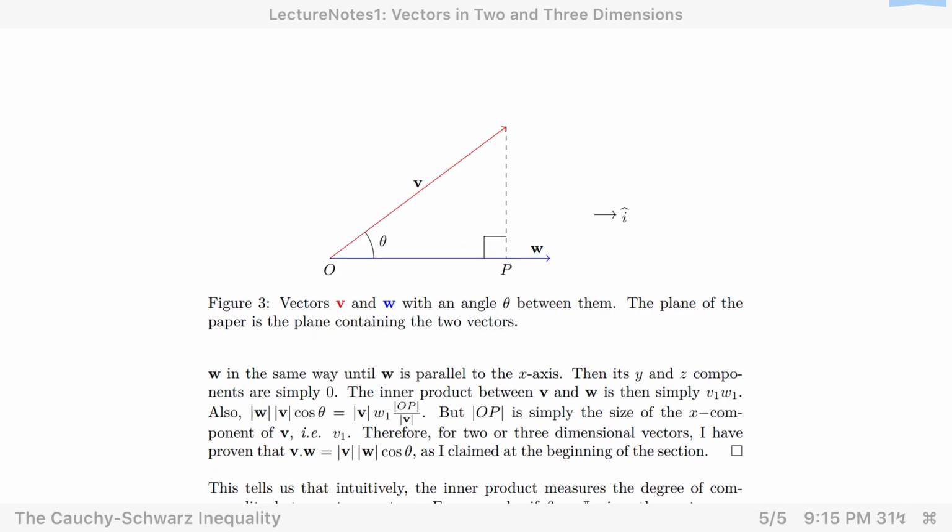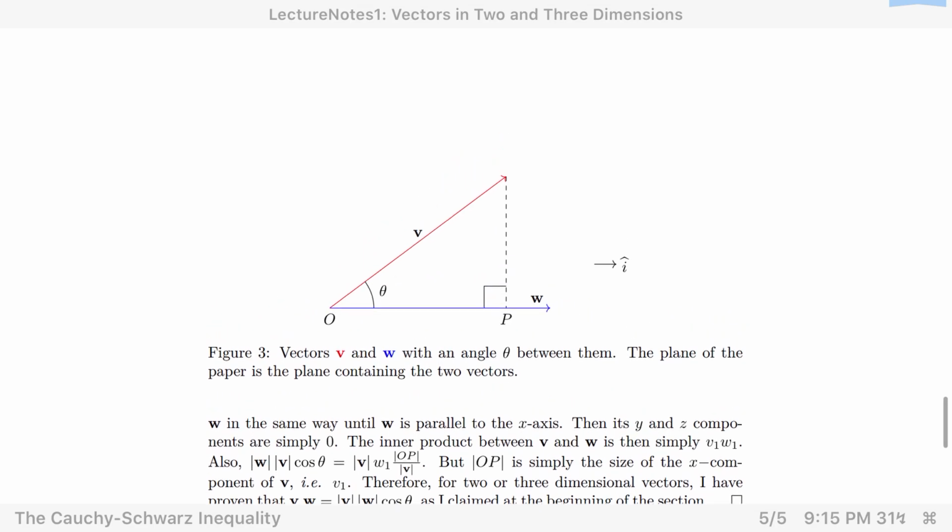W is now in the I hat direction, or in the x direction. Now, why can I do this? I can do this because if I rotate 2 vectors in the same way, then their dot product or their inner product remains invariant, and we will see this when we look at rotation matrices later on.